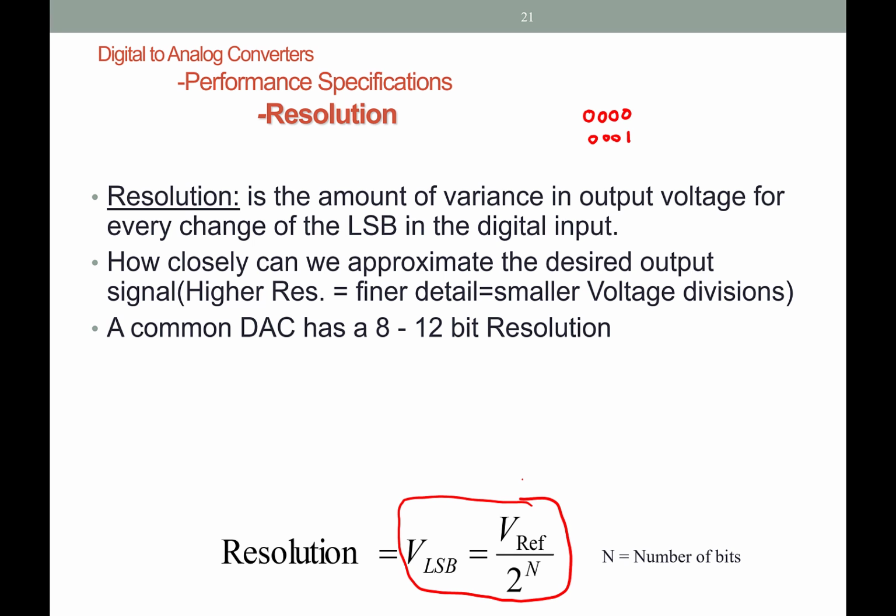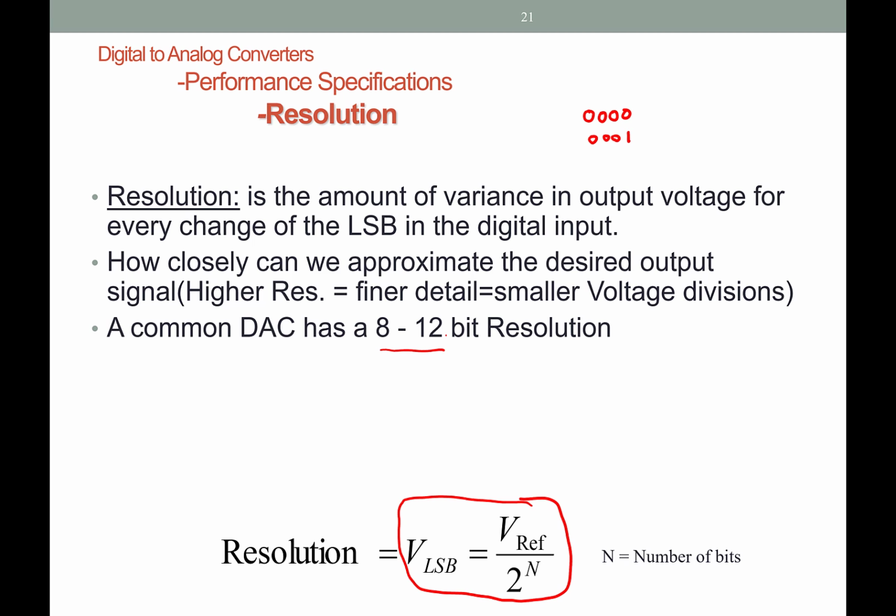Typically, if we want a higher resolution, that means we want finer detail and the ability to have smaller voltage variations. A common DAC, as it says here, is 8 to 12 bit, and you can see that that will allow up to 2 to the 12th different voltage levels.